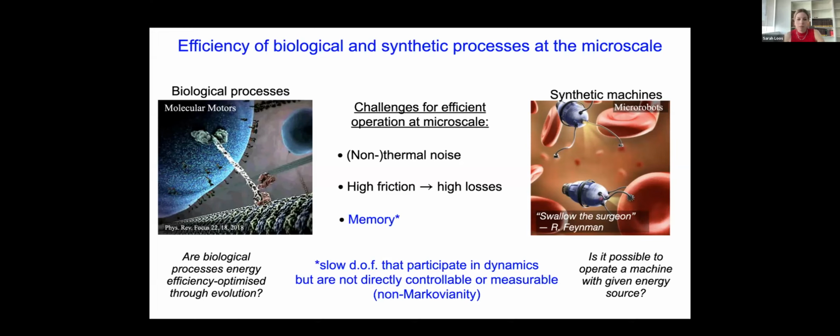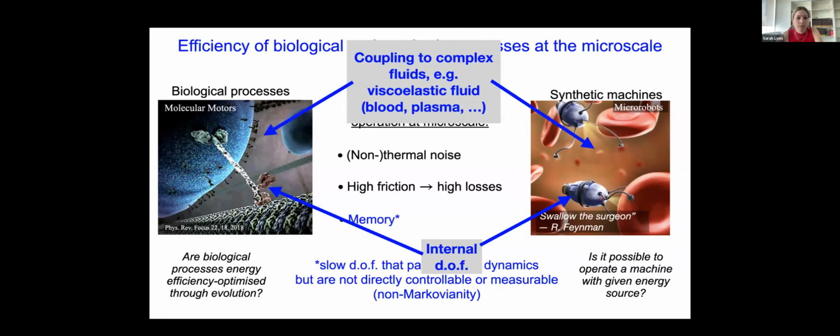Another thing that is maybe not quite as recognized in the literature is the presence of memory due to slow degrees of freedom that participate in the dynamics but are not directly controllable or measurable, giving rise to non-Markovian dynamics. Such memory can come from various sources. Machines can have internal degrees of freedom that operate on similar timescales, which could give rise to memory.